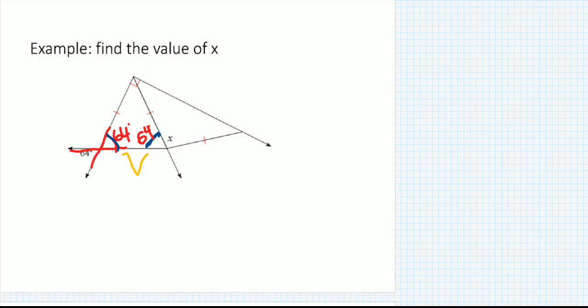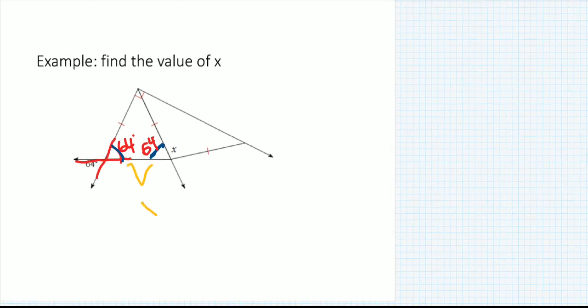Okay, so let's do that right now. 64 and 64 together give me 128. A triangle is always equal to 180, and so all I have to do is 180 minus 128, and that's going to give me 52 degrees. So that means the angle up there is 52 degrees.